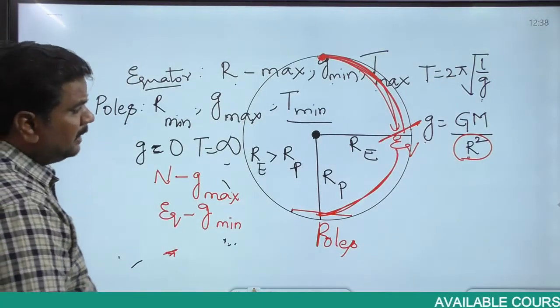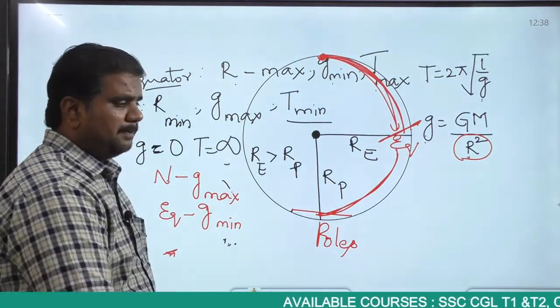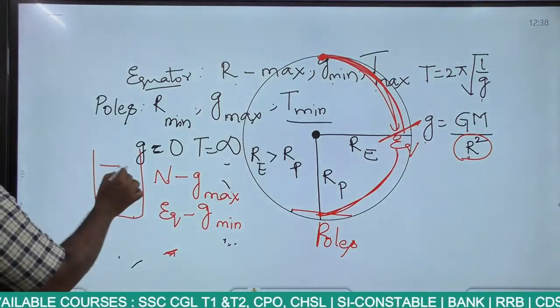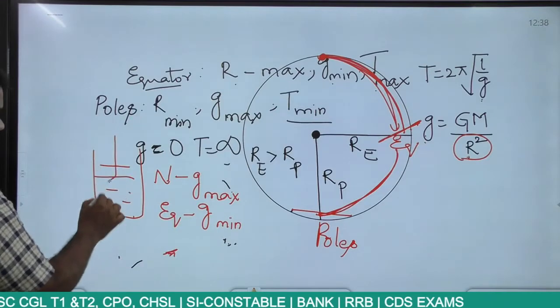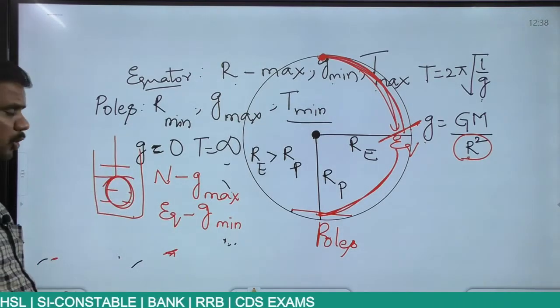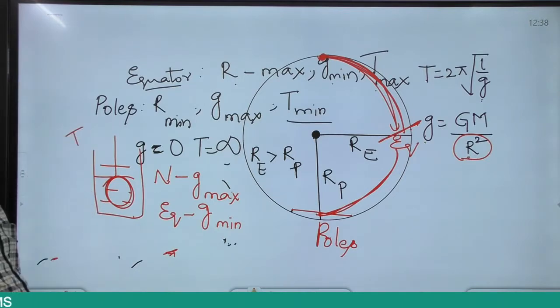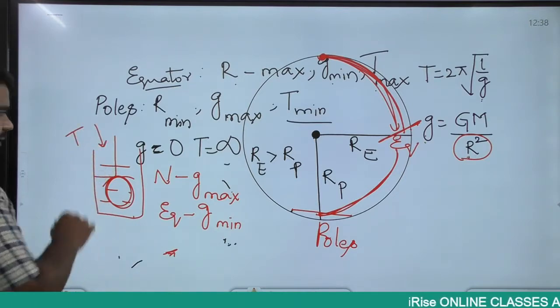At the same time, suppose that you are taking a bucket of water, and in the bucket of water you are placing a simple pendulum. When a pendulum is placed in a bucket of water, what happens to the time period? It decreases.